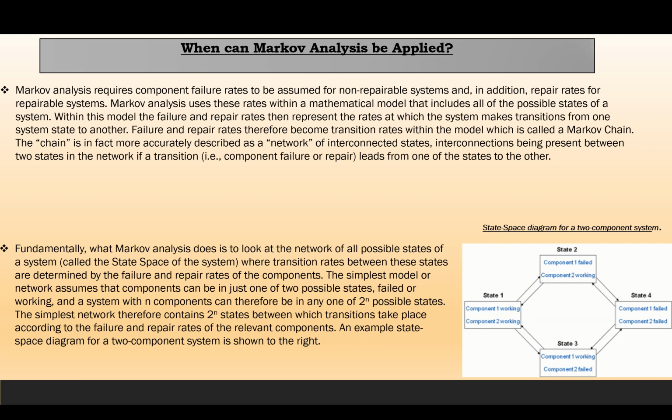Mathematically, this characteristic provides huge benefits in terms of simplifying the analysis of a system and enables its precise reliability or availability to be calculated. This is particularly useful when the effects of small design changes need to be quantified or when design changes for high integrity systems are investigated.